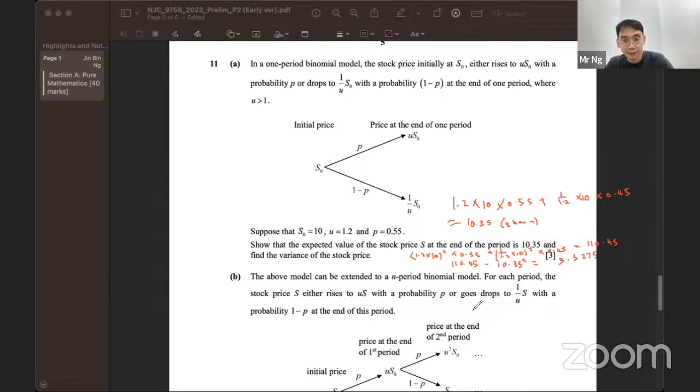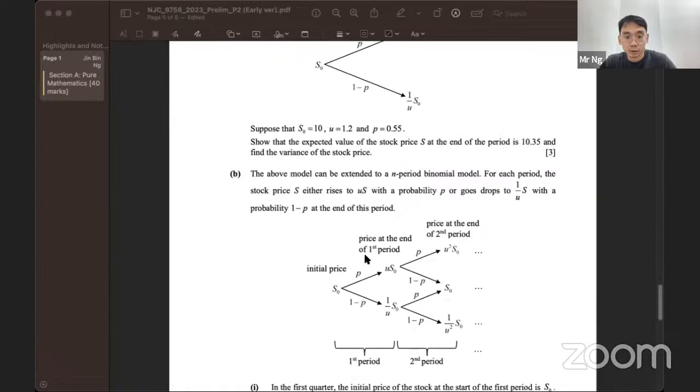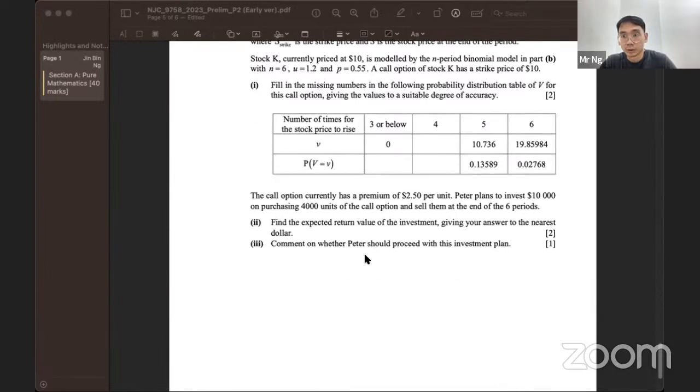Okay, so this part is done. I'm scared I lost the information because I need to scroll up. Okay, next. Wow, still quite good.